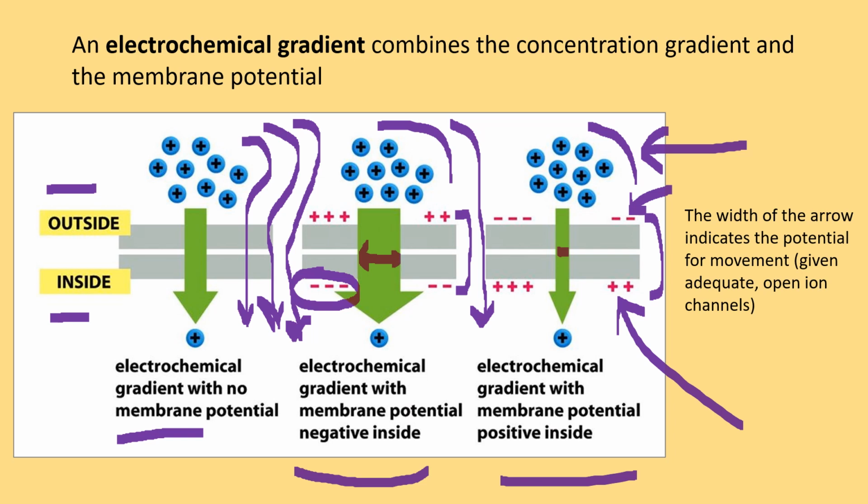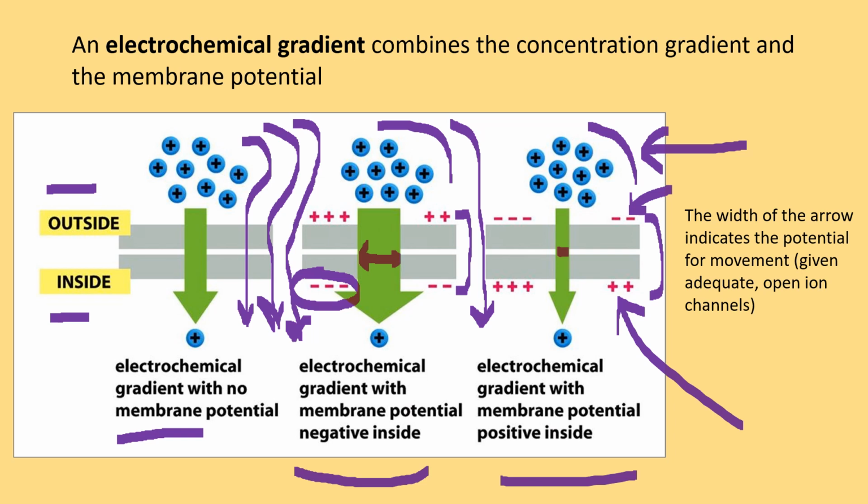So this is a fantastic diagram for understanding the combined effects of concentration gradient or chemical gradient, as well as an electrical gradient or membrane potential on the movement of a charged substance across the membrane, which is a huge topic when we get to cell signaling as well as the nervous system and the muscular system.